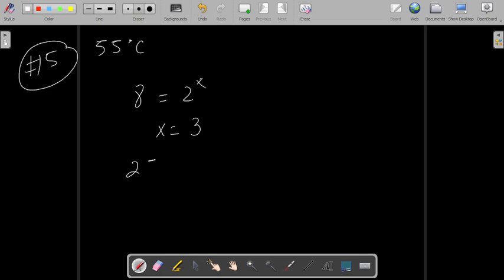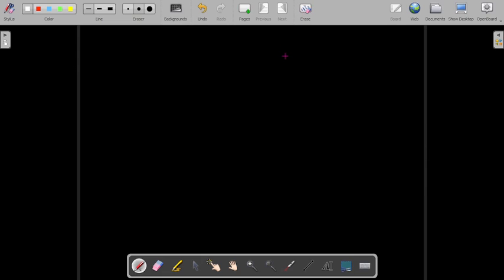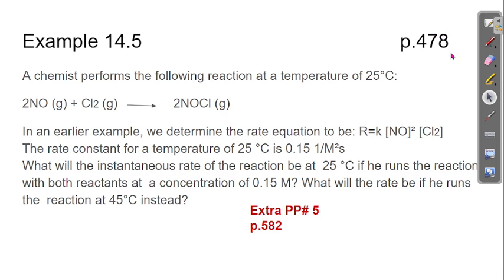You started with 25 degrees, and then you jump the first time to 35 degrees Celsius. Second time, it went to 45 degrees Celsius, and here's the third jump. It went to 55 degrees Celsius. So that's where our answer came from. If you wanted to increase by a factor of 8, how many jumps did you have to do? You had to do 3, because every 10 degrees you multiply by 2. So that's done.